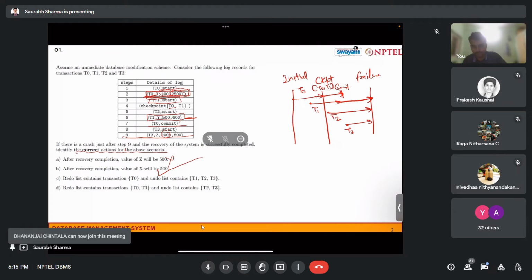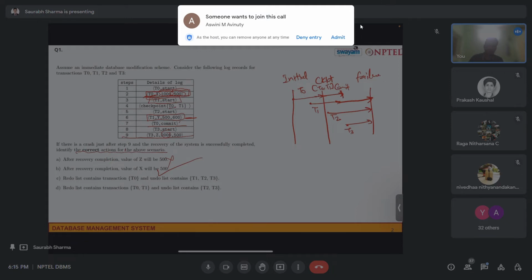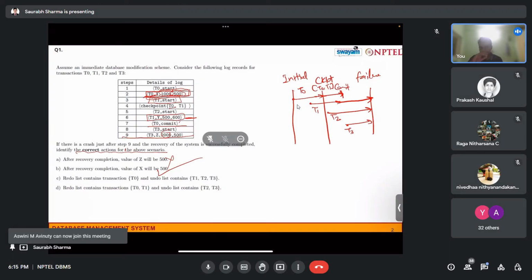Okay. So till this failure, the transactions which were in action will go to the undo list, and the transactions which were done before that failure will revise their schedule, so those will be in the redo list. So T0 was done before it, so it will obviously be in the redo list.